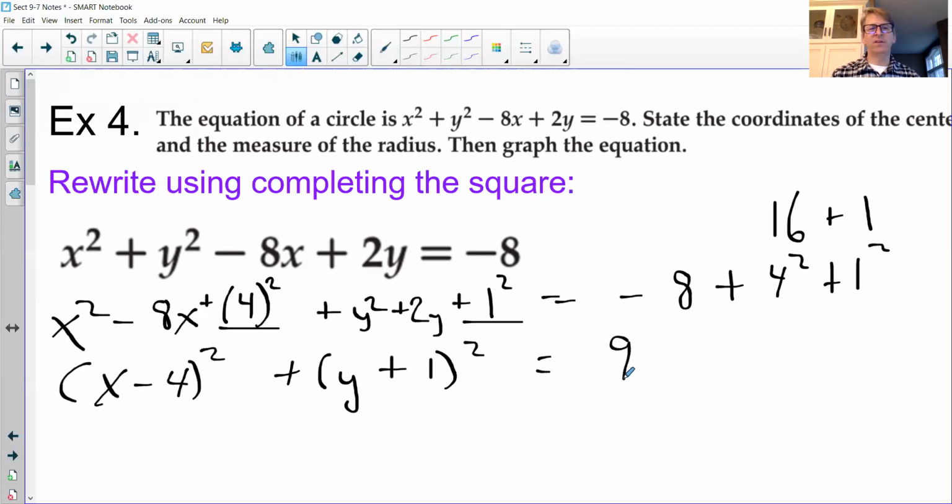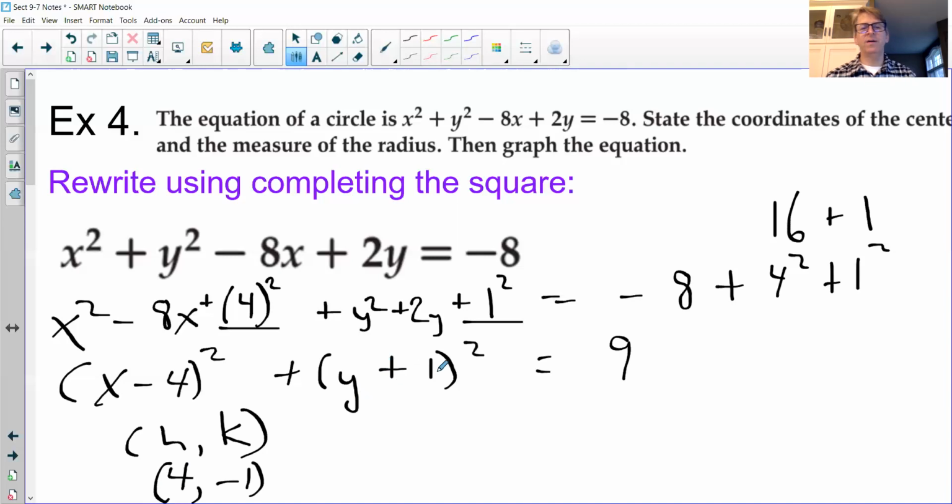All right, now as it's coming together, the completing the square is over. It is fairly straightforward from here on out. We're looking for the h. We're looking for the k. Okay, so the h in this case is going to be 4, and the k is going to be -1.